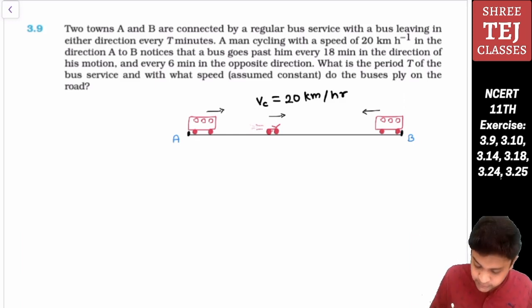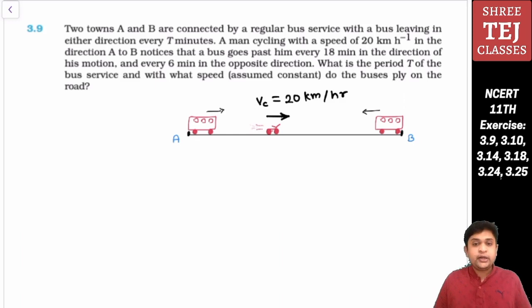So the cyclist is moving from A to B, notices that a bus goes past him every 18 minutes in the direction of his motion. So bus coming from A is passing him every 18 minutes and every 6 minutes in the opposite direction. So bus coming from B is passing him every 6 minutes.